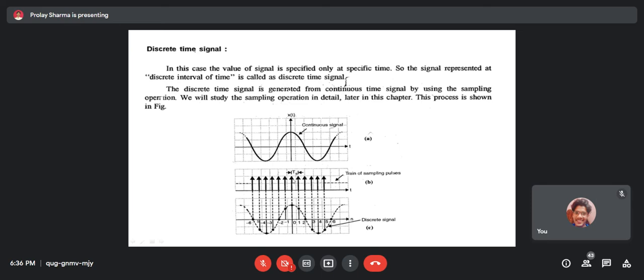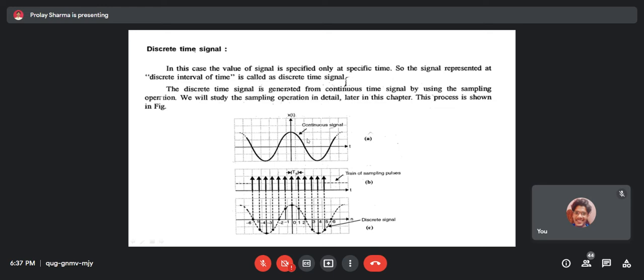So each sample value is multiplied with the value of the signal at that time, and between T1 and T2 we will not get anything. After multiplication we get these samples: 1, 2, 3, 4, 5, 6, 7.